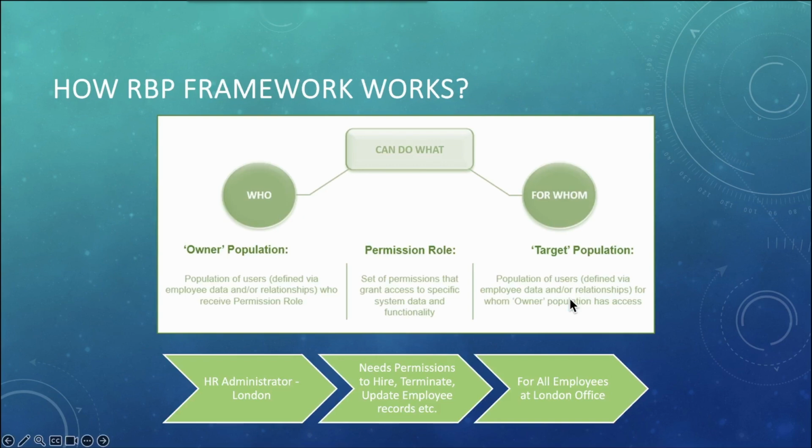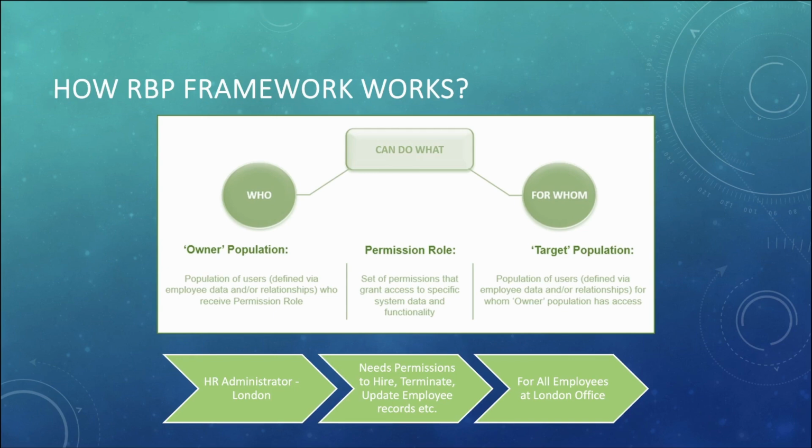If we move on, to understand how this role-based permission framework works, you can have a look at the diagram on the screen. What you will have is a group who needs access. I gave the example of HR administrators, right?